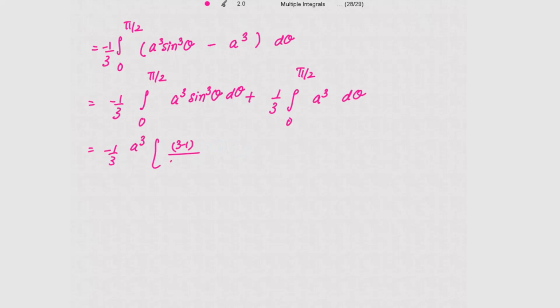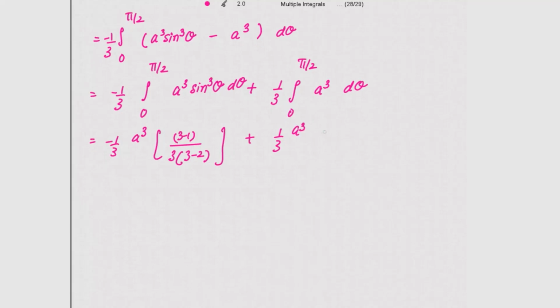Now in the denominator, subtract the power with even numbers: 3 minus 2, and then 3 minus 4, not required. And because the power is odd, there is no need to multiply with pi by 2. So stop here only. And then plus 1 over 3 a cube.